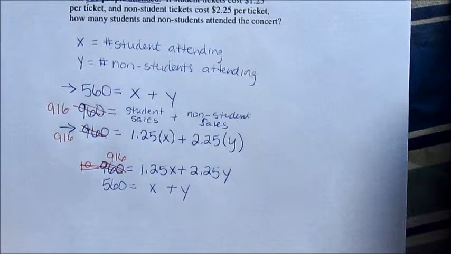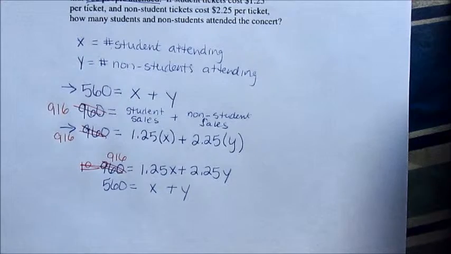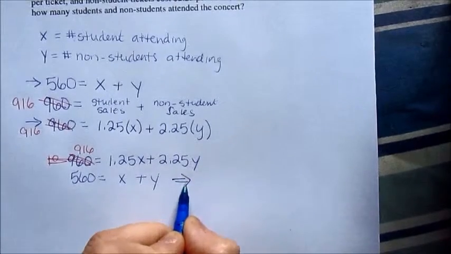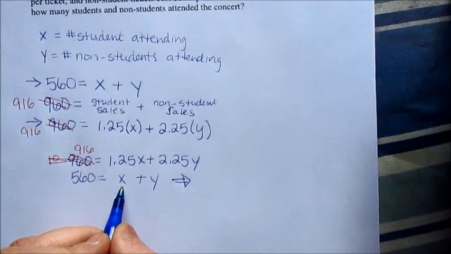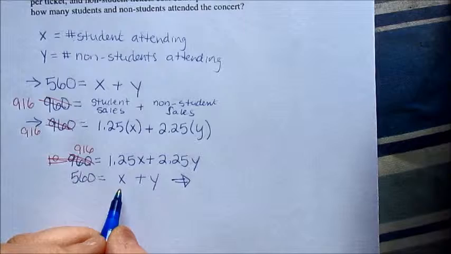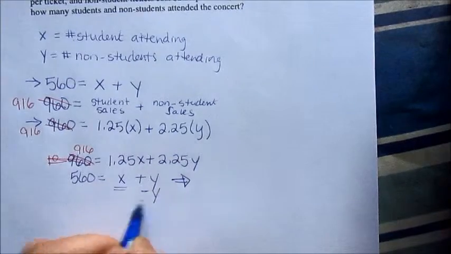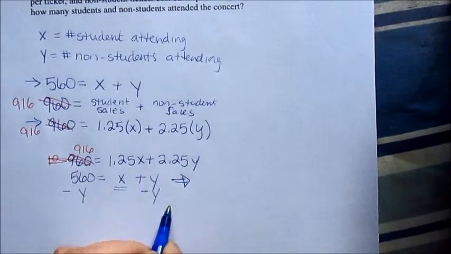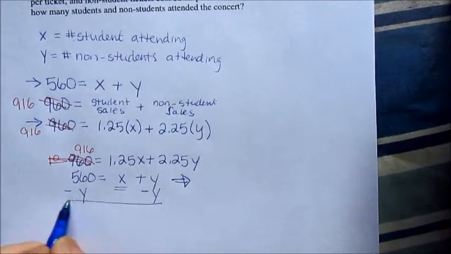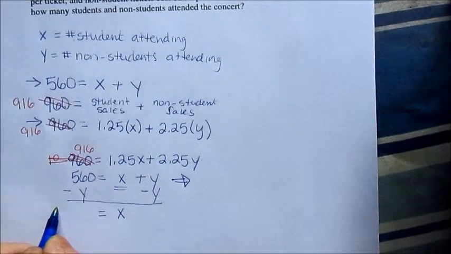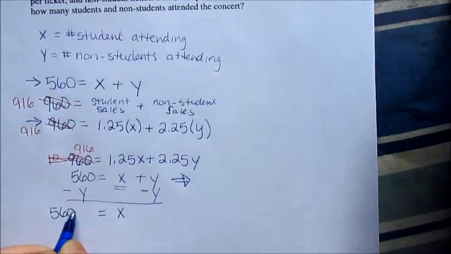Okay? I am going to use substitution. Let's solve for x, which means I'm going to move y to the other side. So x equals 560 minus y.